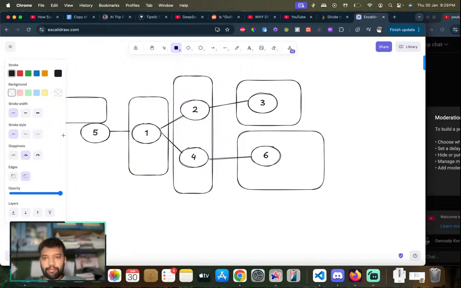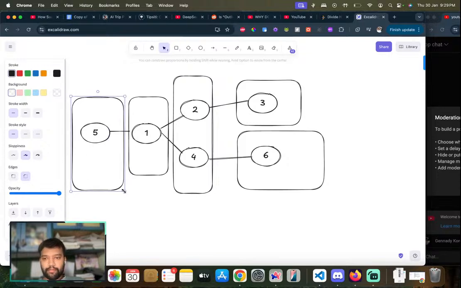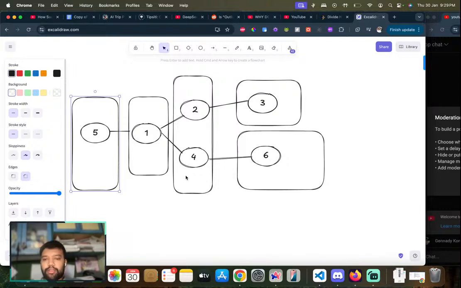There are 3 possibilities, but let's try to see if they can form. 1, 2, 3, 4, and this does not work. 1, 2, 3, this does not work. 1, 2, 3, 4, does not work. Okay, this does not work.